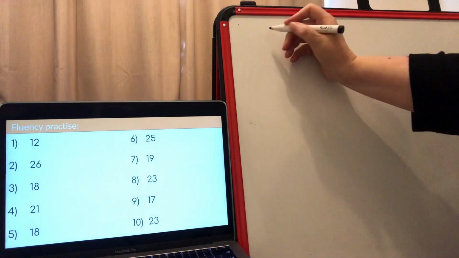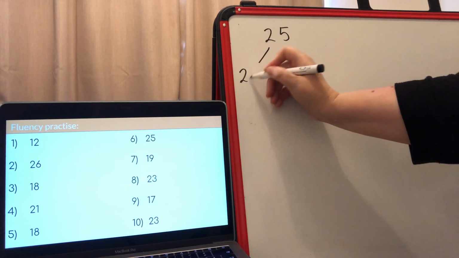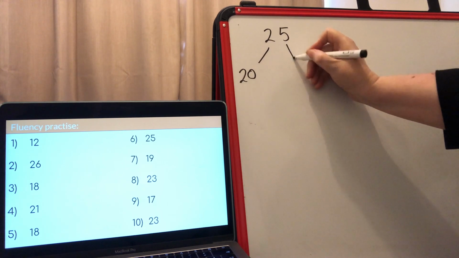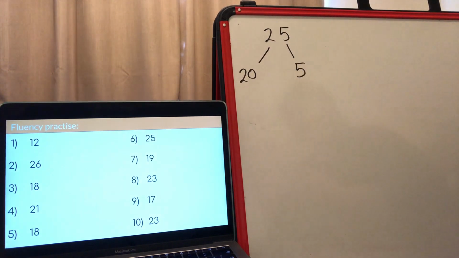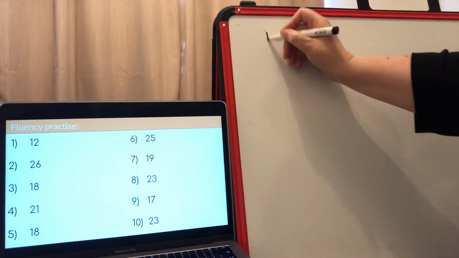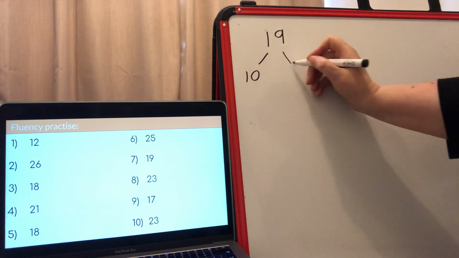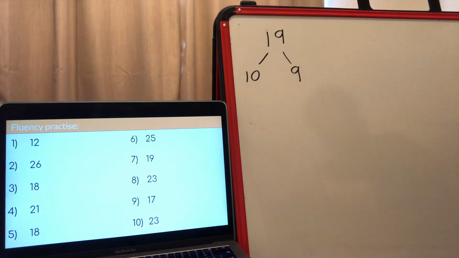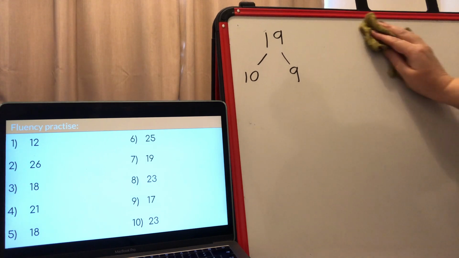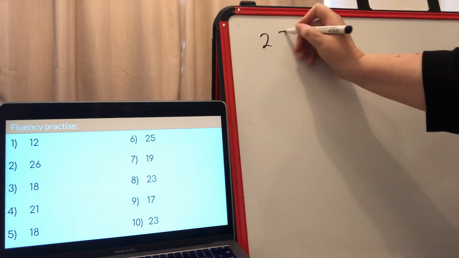Question 6, 25. The 2 has a value of 20 because it's 2 tens, and the 5 has a value of 5 because it's 5 ones. Question 7 is 19. The 1 has a value of 10 and the 9 has a value of 9. Question 8, 23.